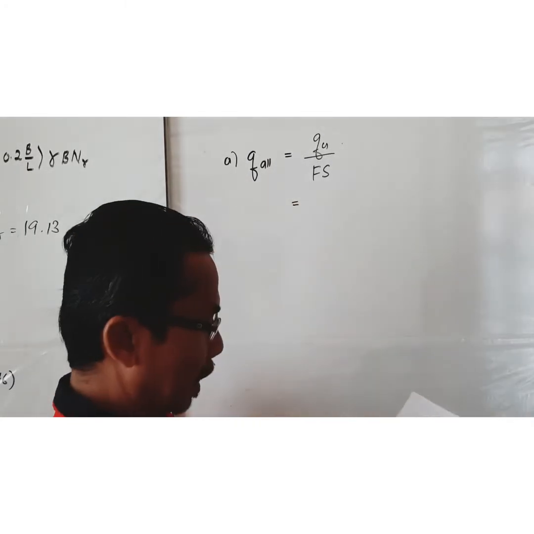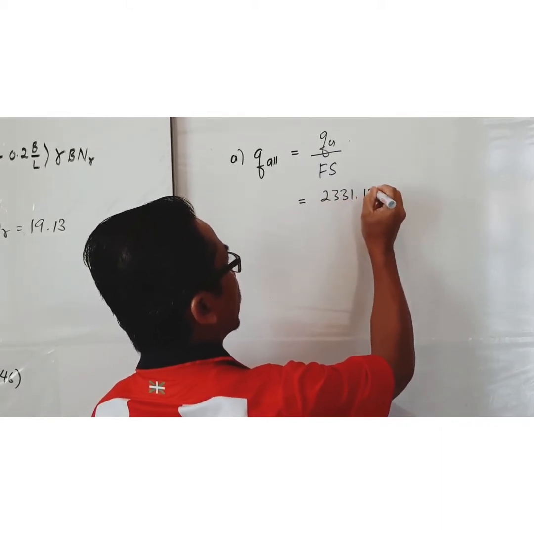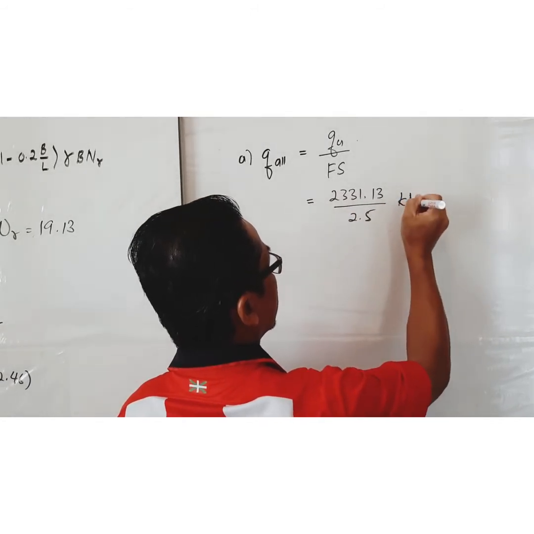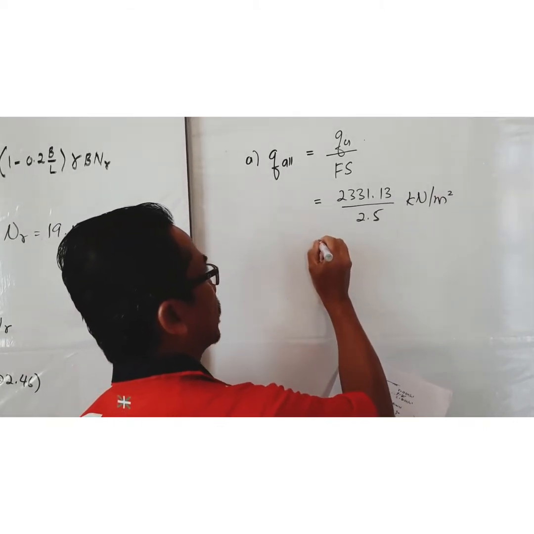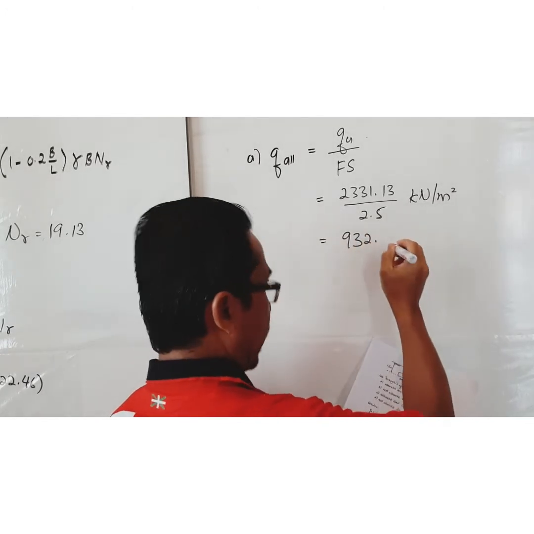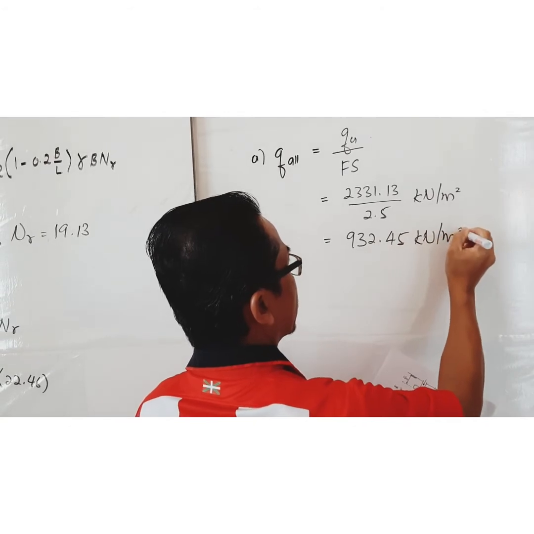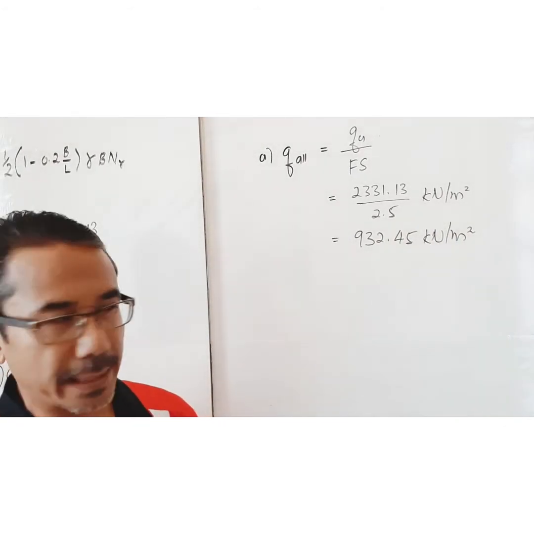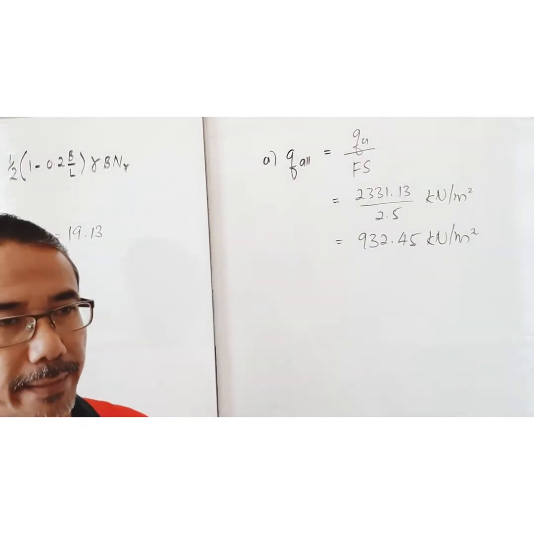So q allowable becomes 2331.13 divided by 2.5. Here the unit is still kilonewton per meter squared. So we get 932.45 kilonewton per meter squared. That is the allowable bearing capacity, which is the ultimate bearing capacity divided by the safety factor.